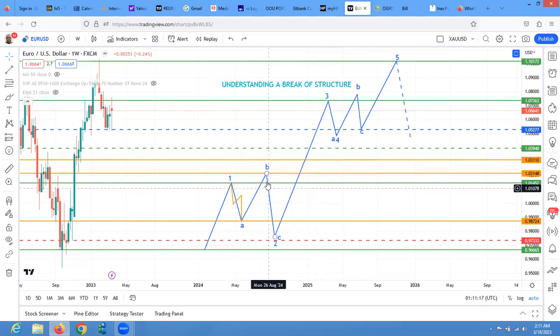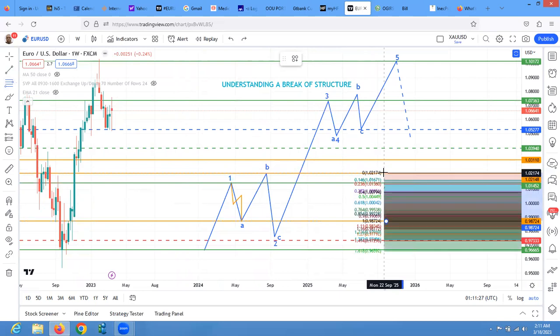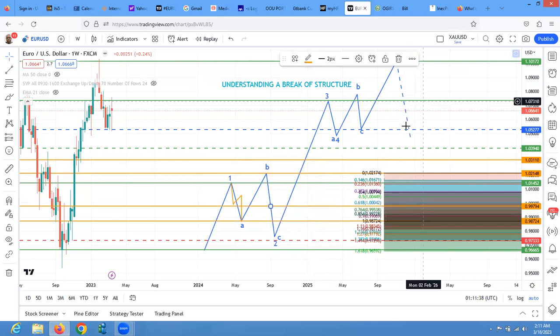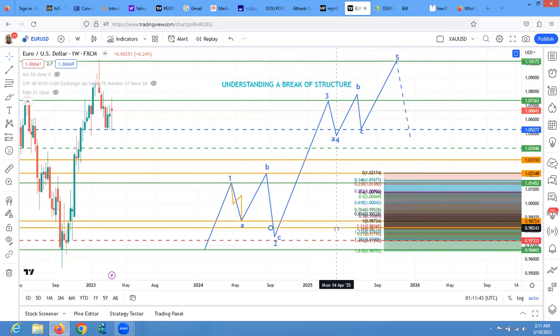So, how do we measure the extension of B to C? This is how we do it. You start from the origin of B, which is different. You take it to the end of B. So your extension of B should actually be here, which is at this end here.